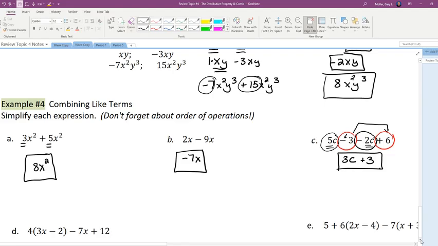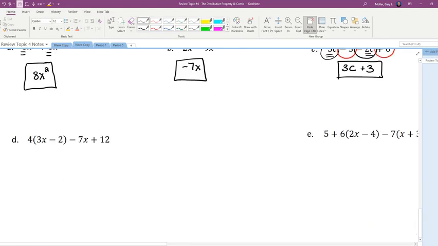All right, let's do the last two. In this one, we have a distributive property. In a perfect world, again, order of operations, we would go inside these parentheses, right? But inside those parentheses, there's nothing to do because I cannot add them together. And that's why we need the distributive property. So I cannot do anything inside.